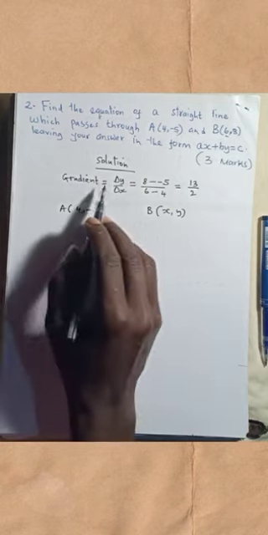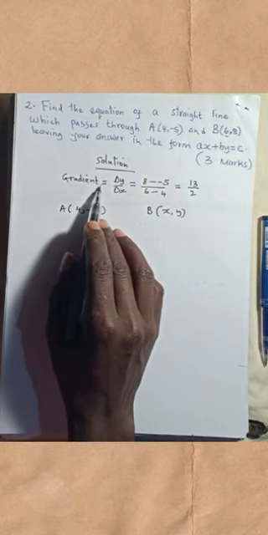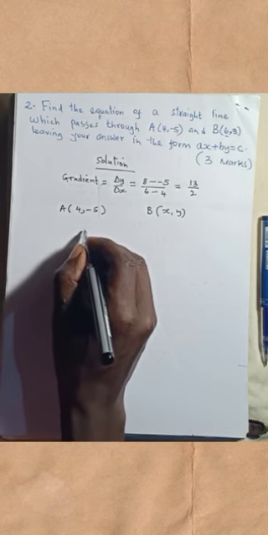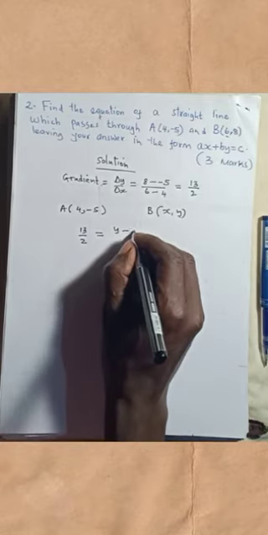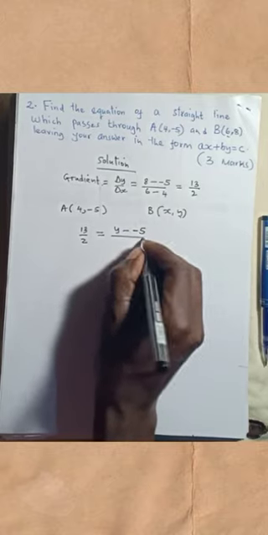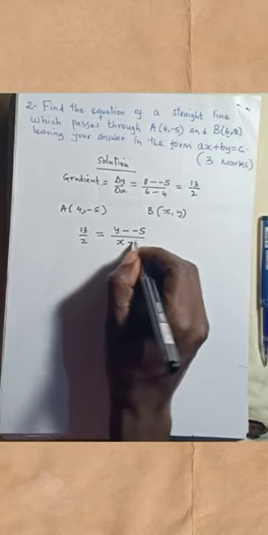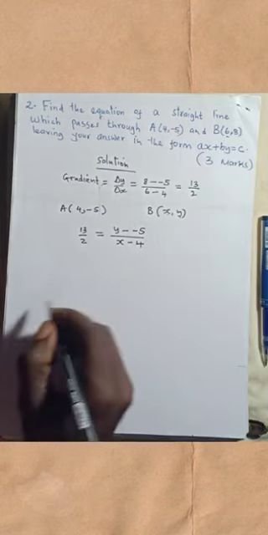Then we apply the same formula where gradient is equal to change in y over change in x. Our gradient is 13 over 2. It is equal to change in y, which is in this case now y subtract negative 5, divided by x minus 4. Then we do cross multiplication.